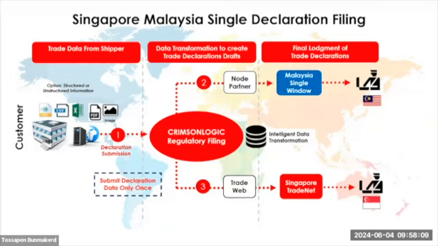We came up with this single filing service, which is a single filing for any imports and exports between Singapore and Malaysia. Businesses just submit the document once, and using AI, machine learning, and NLP, we are able to extract the data in this document and then send it to the respective customs. Through this, they're able to save cost, and it also brings down the effort from the business's point of view.